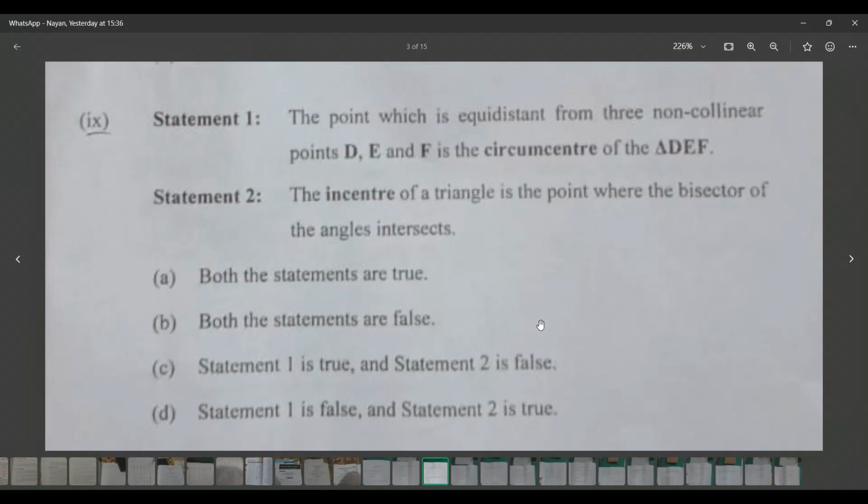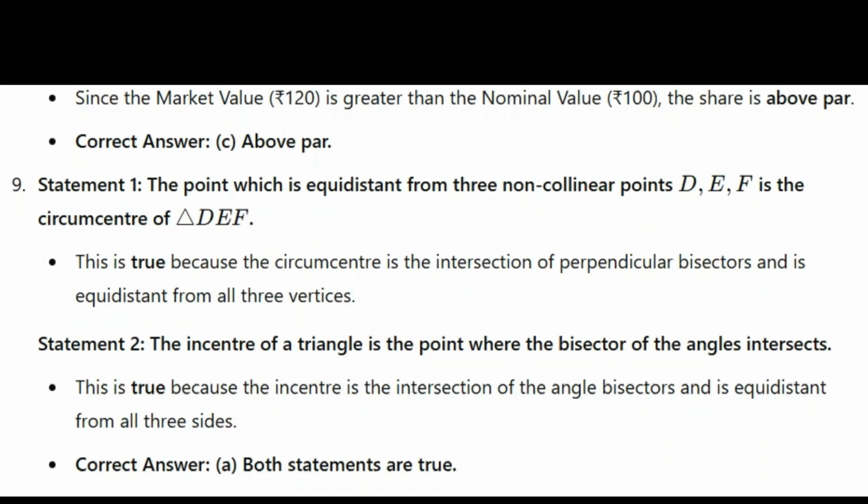Now question number 9. The point which is equidistant from three non-collinear points D, E, F is the circumcenter of the triangle DEF. The incenter of a triangle is the point where the bisectors of the angles intersect. Both are true. Why? This is true because the circumcenter is the intersection of perpendicular bisectors and is equidistant from all three vertices.